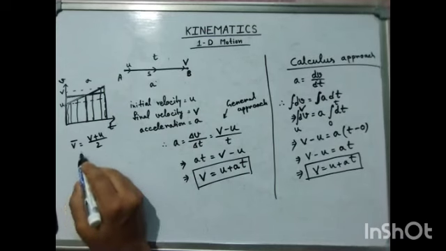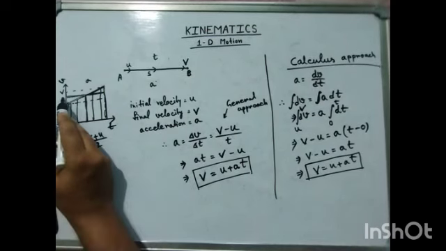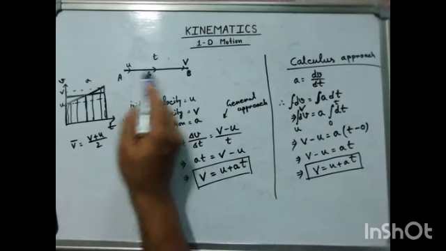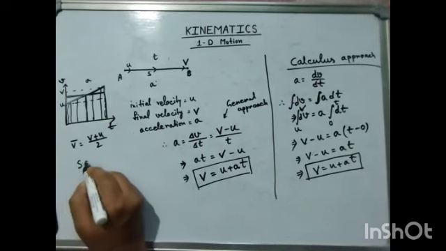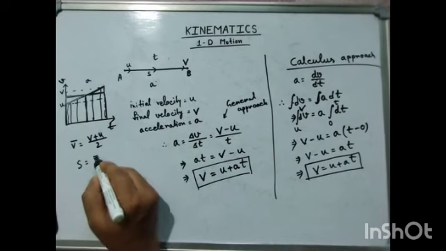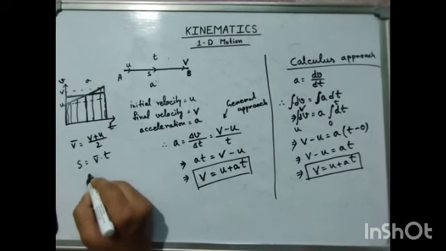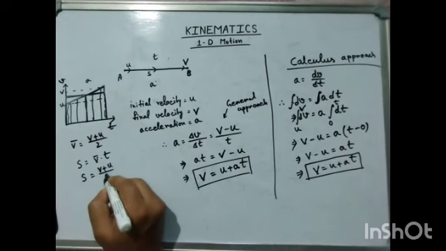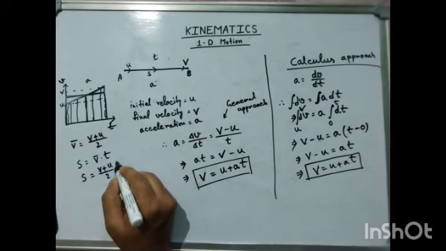So you can consider that it moves with the constant average velocity throughout the way. So S is v bar into t, that means S should be v plus u by 2 into t.